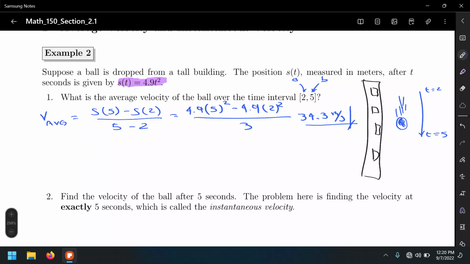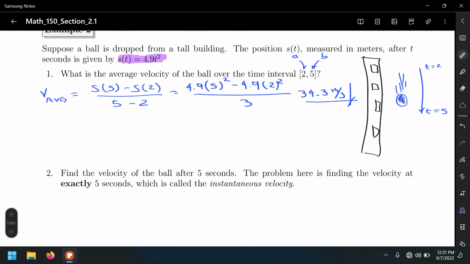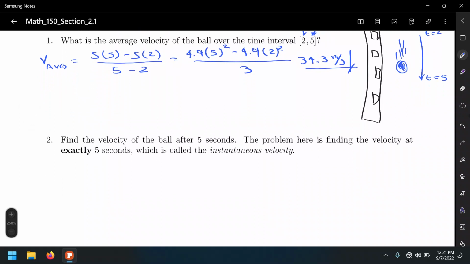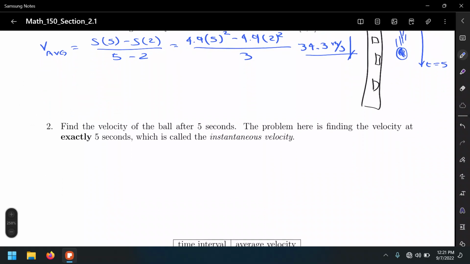And considering the mass of the object, in this case we are neglecting all those properties, or maybe they're just included in the formula. So we're only relating position versus time. We don't want to turn this into a multivariate problem. So that's one example of how we find the average velocity between 2 seconds and 5 seconds.